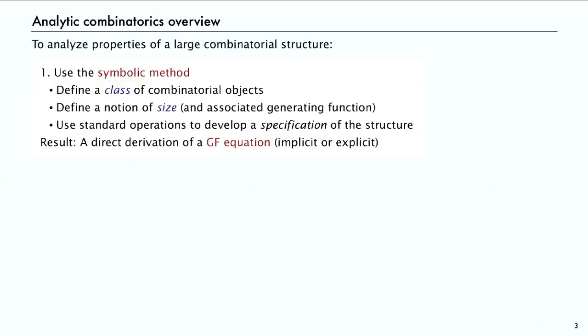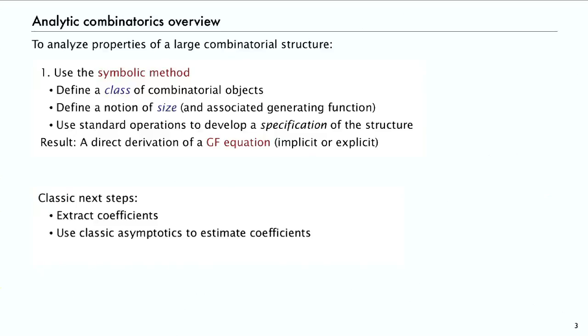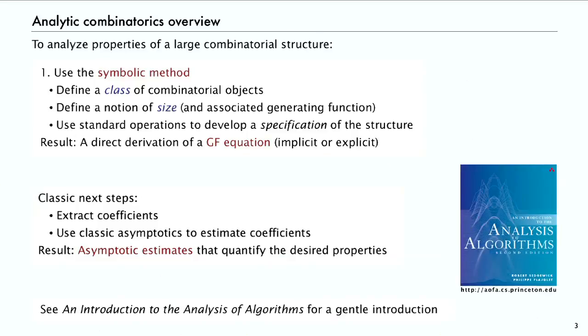The result is, via the symbolic method, a direct derivation of an equation that has to be satisfied by the generating function, either an implicit or an explicit equation. And then the classic next steps are to extract coefficients and use classic asymptotics to estimate them, and eventually get asymptotic estimates that quantify the desired properties.